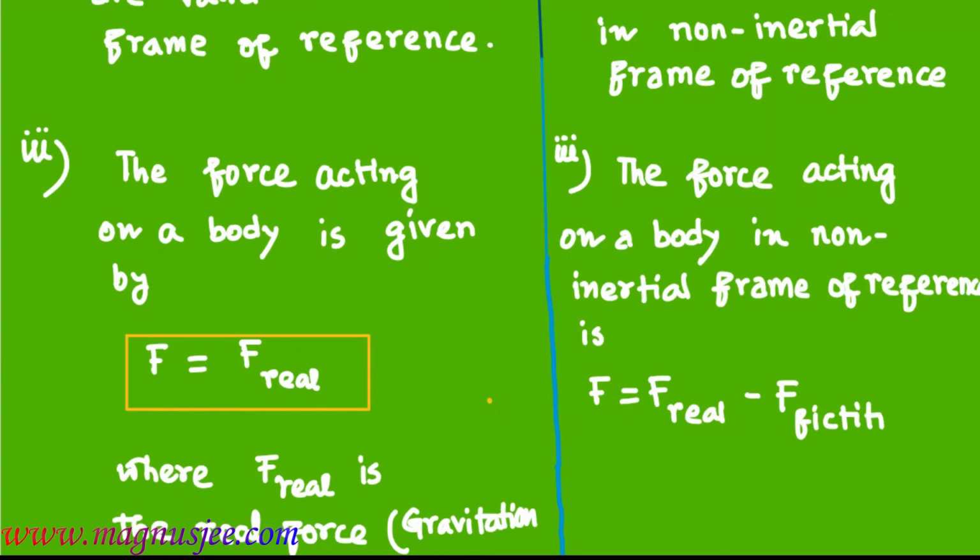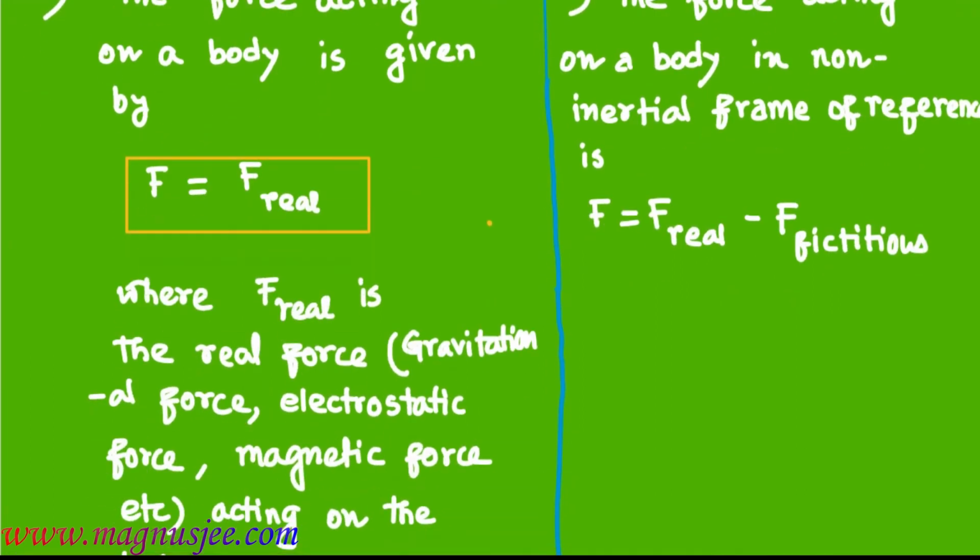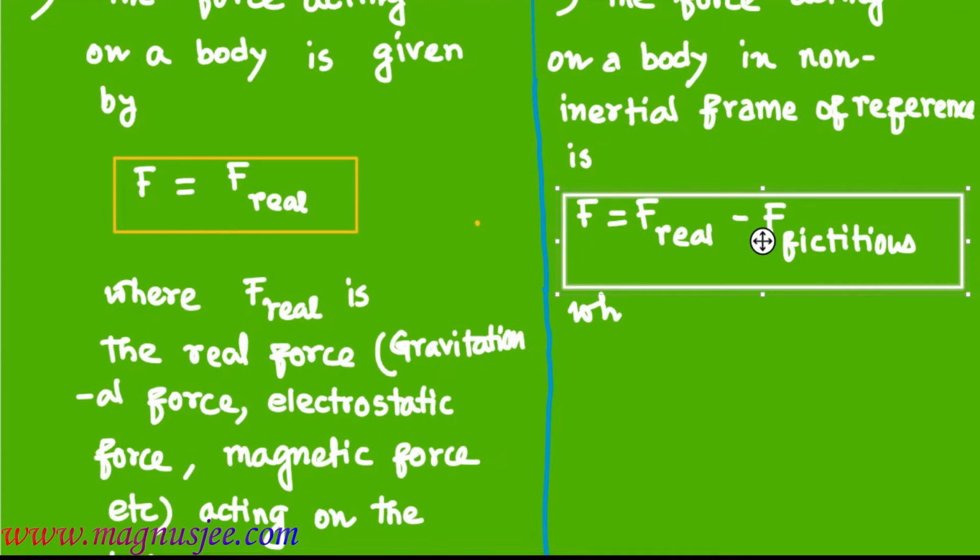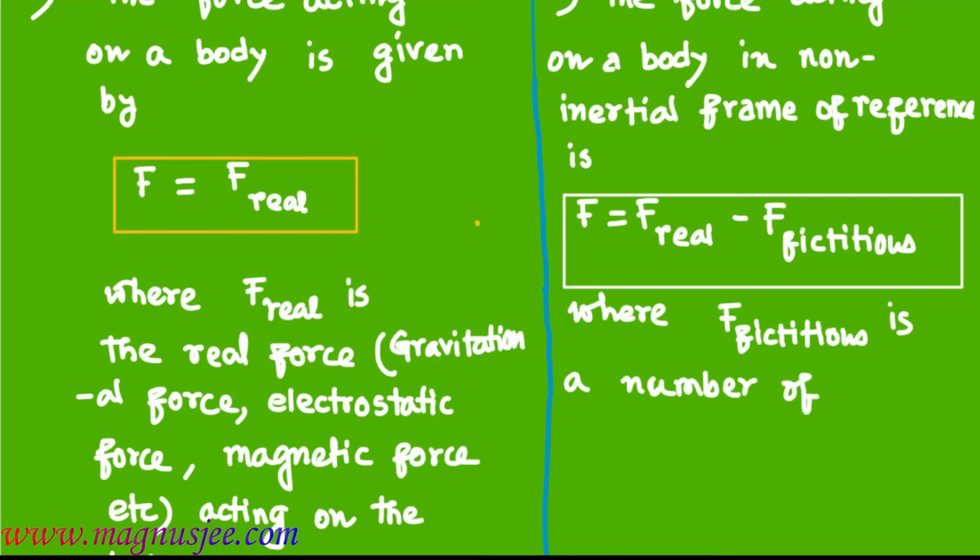So there should be a fictitious force or pseudo force acting on the body, and the net force acting on the body will be F real minus F fictitious, where F fictitious is a number of fictitious or pseudo forces acting on the body.